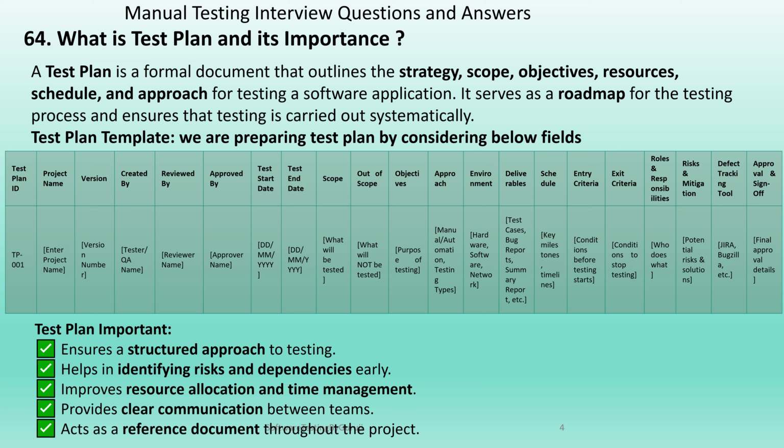It contains multiple columns. First column is test plan ID, second project name, then version, created by, reviewed by, approved by, test start date and test end date, scope.